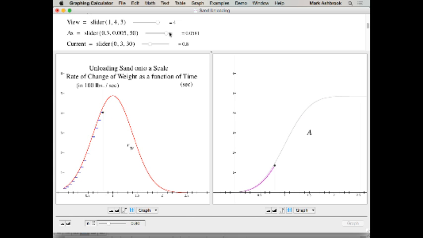When you get past 0.04, then the exact rate disappears, and all you see is the approximate rate. But this is the idea that when you get intervals small enough, the approximate rate is virtually the exact rate.